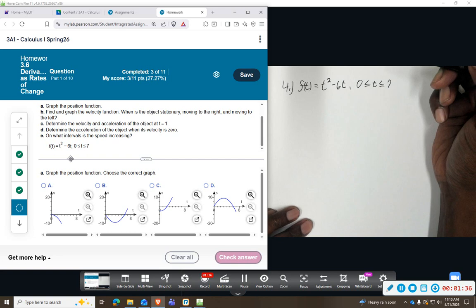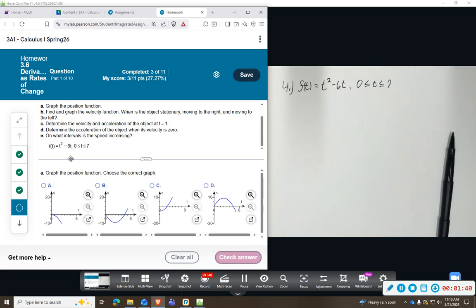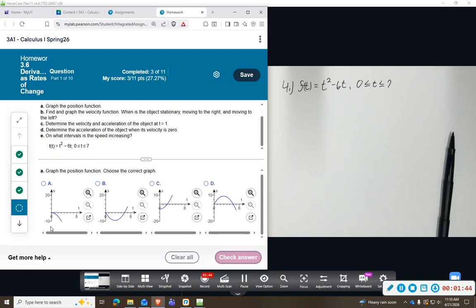We can find the center point. By process of elimination we can get rid of answer choice A and answer choice D. So basically we just need to find the vertex.